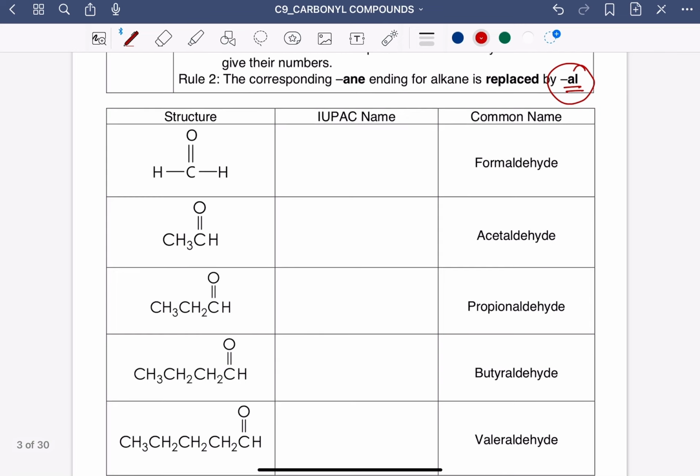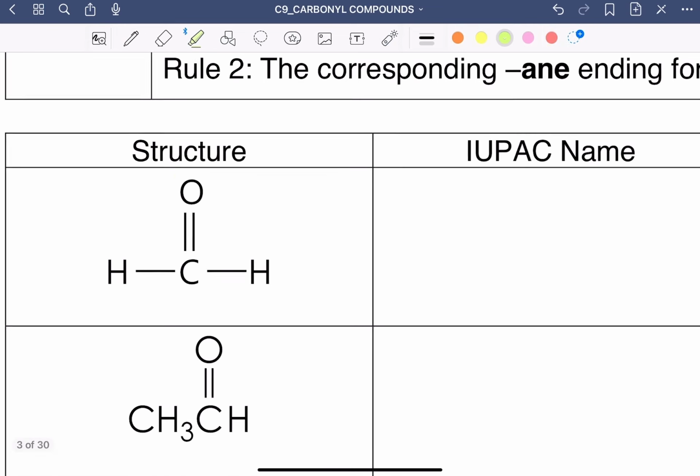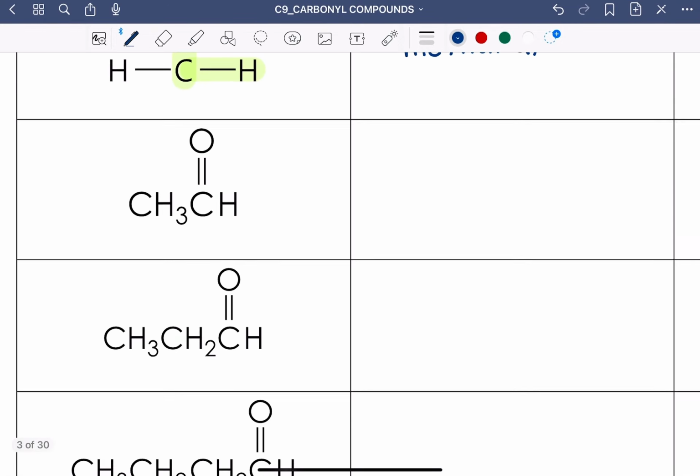Now, for example, if you look here, we have C double bond O, H. So this means this is an aldehyde. But because it only has one carbon, the name for this is methanal.